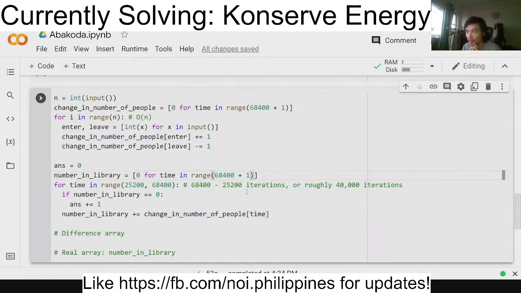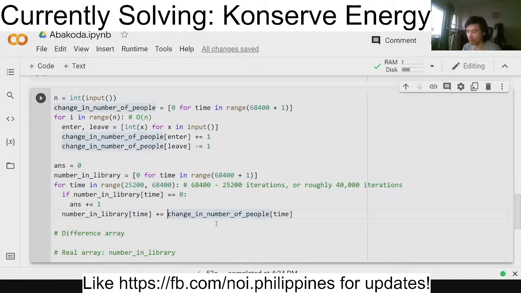And then we can say, okay, like this. At the current time, if the number of people in the library at the current time is 0, then we have to do something. Increase our answer in this case.